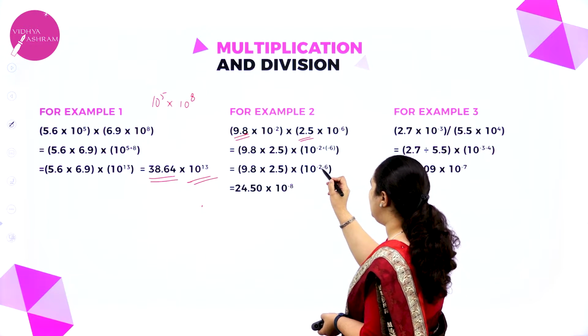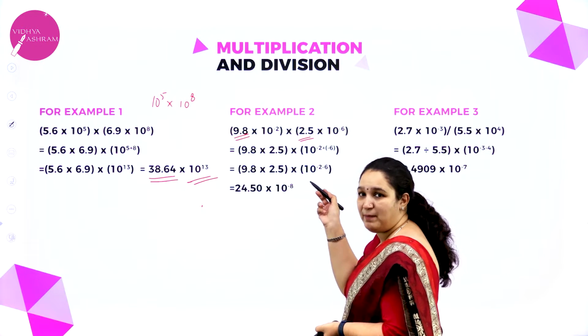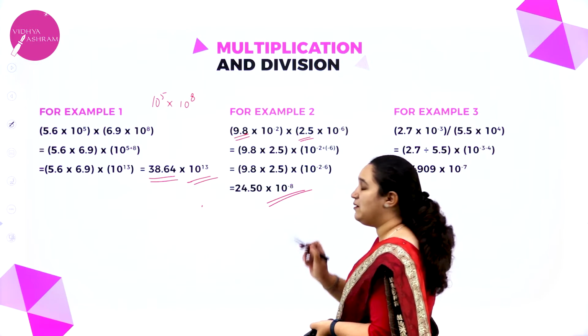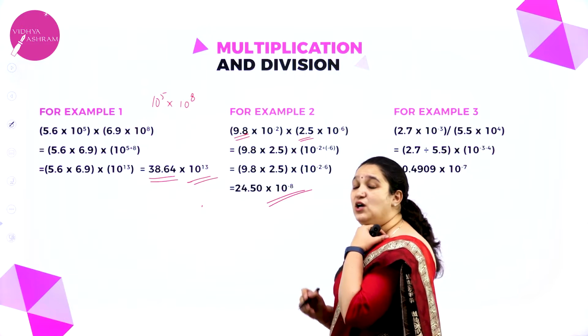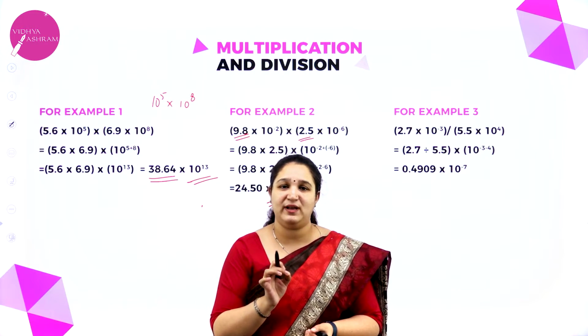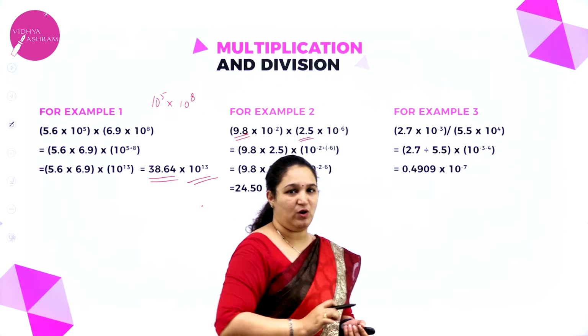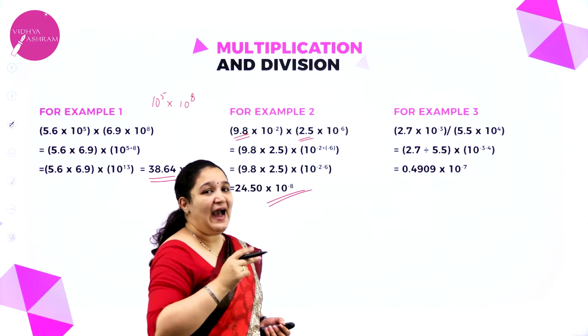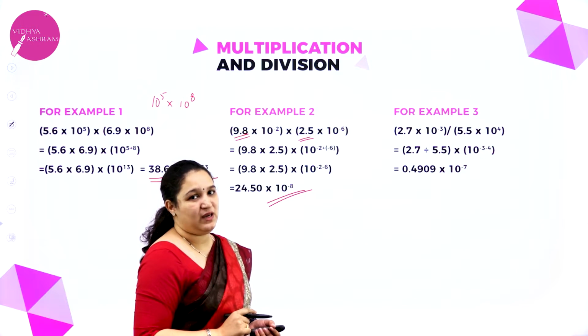Minus into plus is minus. So 10^(-2-6), minus 6 plus minus 2 is minus 8. So I have written it as minus 8. So here you have to take care about the exponents when you are multiplying. Okay, exponents should be added in multiplication.